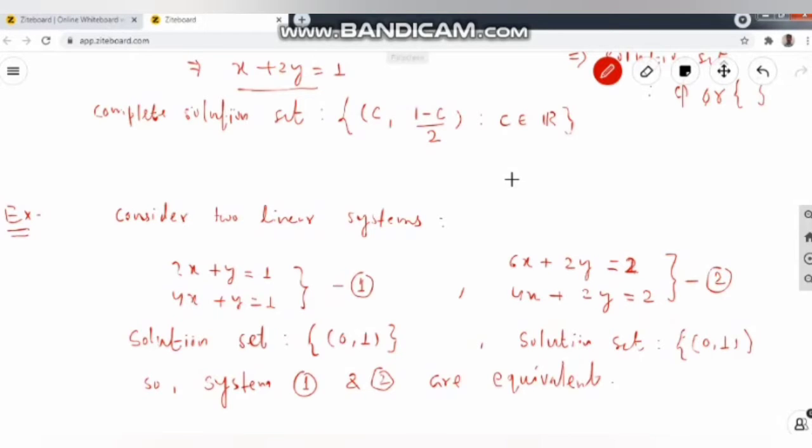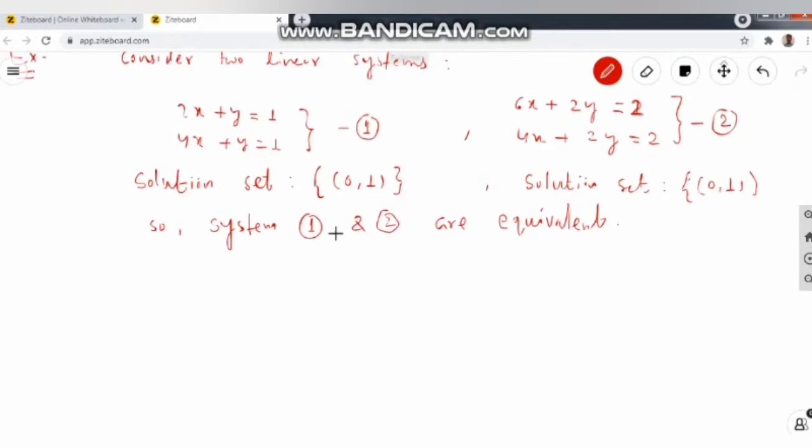So for example, suppose you have this type of system of linear equations: 2x1 plus x2 plus x3 plus x4 is equal to 1, x2 plus 3x3 plus x4 is equal to 2, and x3 plus 4x4 is equal to 4.